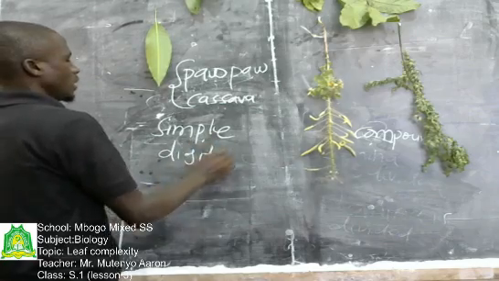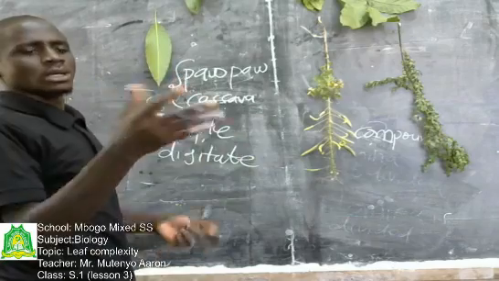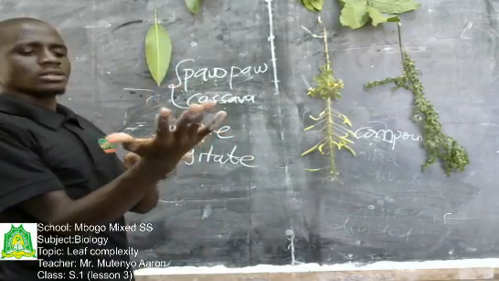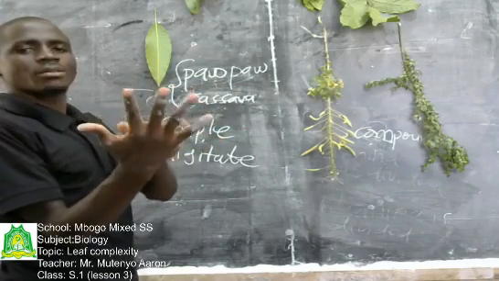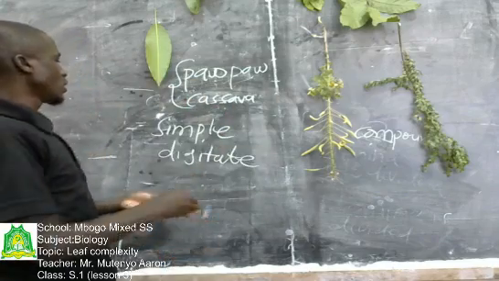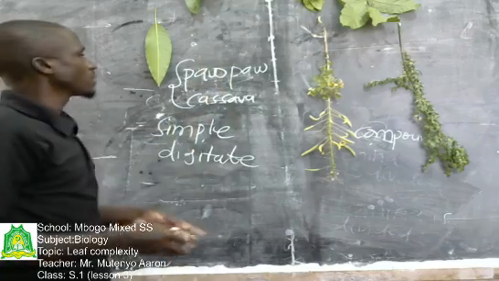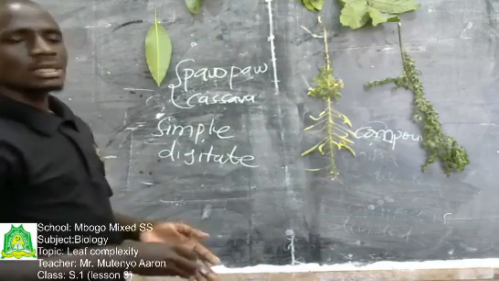Digitate means they are like digits, okay? Just as you can see my palm. This palm is not divided up to it. The fingers are divided at the end somewhere here. So they are digits. So these leaves, purple and cassava, are simple digitate leaves.